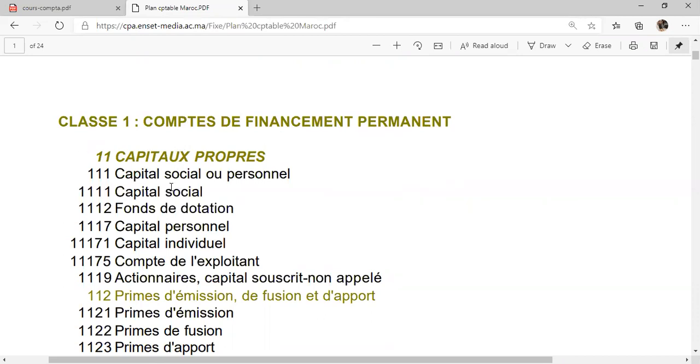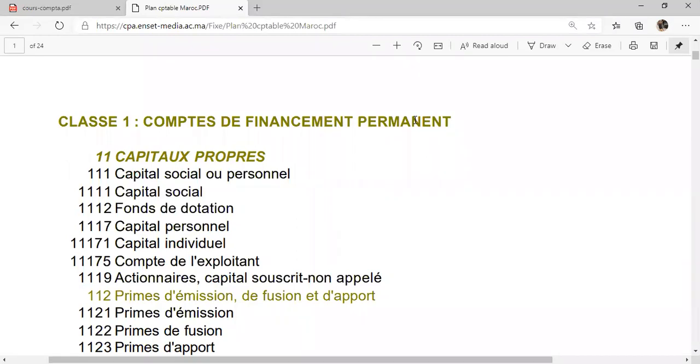We start with the first figure, which is strictly called the class. In our case, capital social, the class is 1, which is financement permanent. You have to actually memorize all the way from 1 to the compte you're looking for. It makes the work easier.